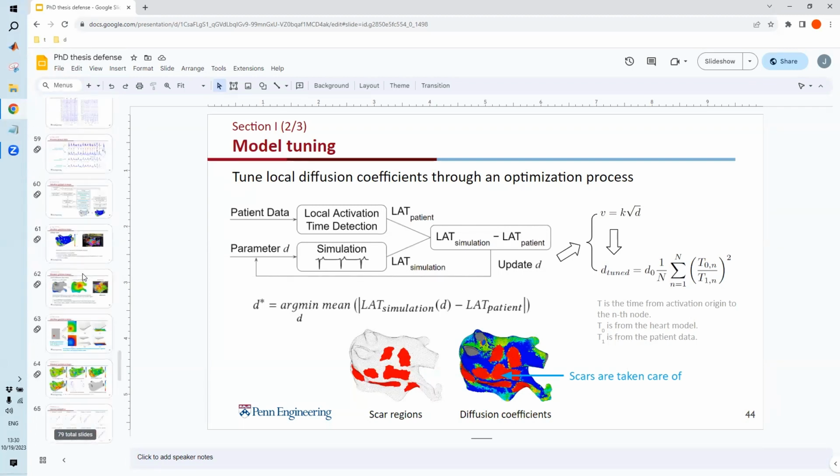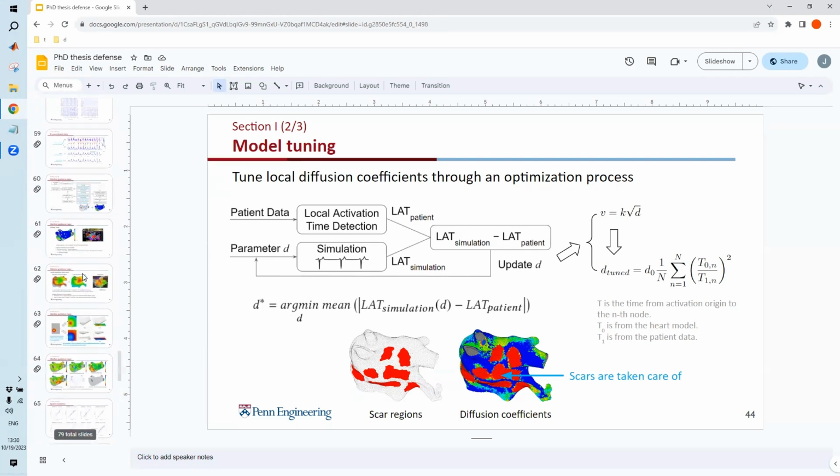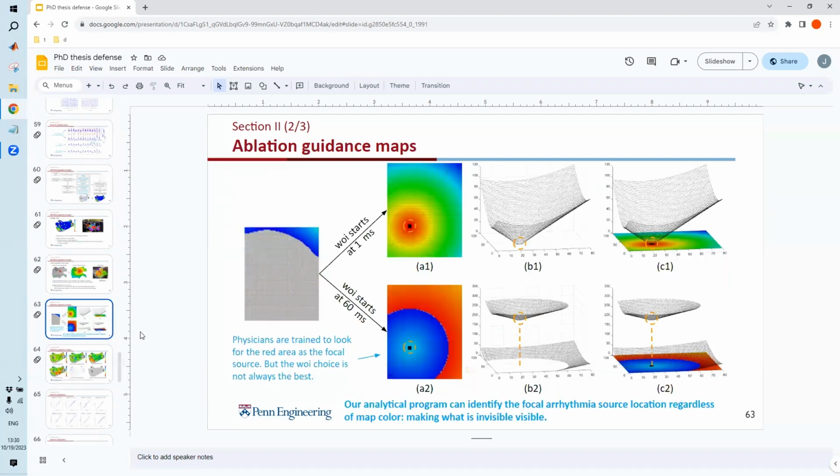Is it the minimum of the voltage map, or the minimum of an activation map that is derived from the voltage? Yeah, the slide here, this is activation. In other words, how does one compute the ablation guidance map from the voltage that comes out of it?